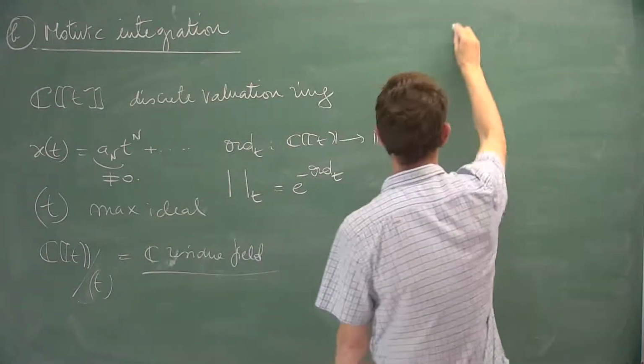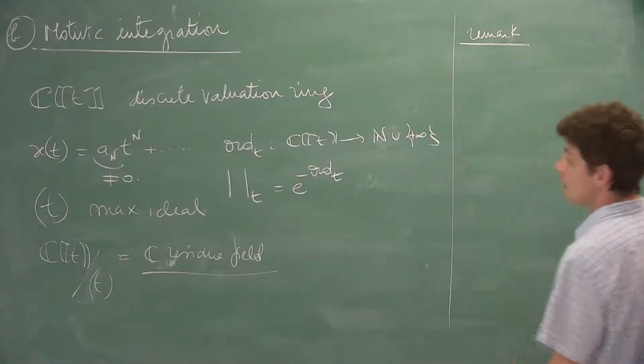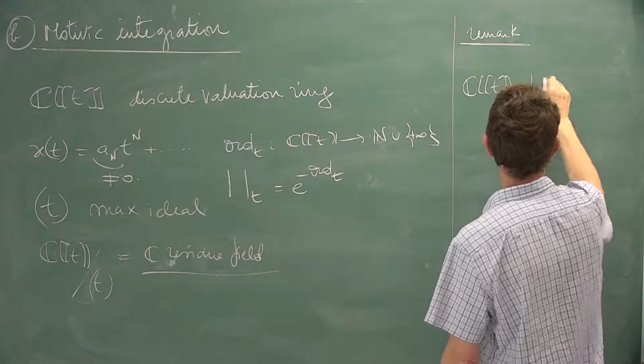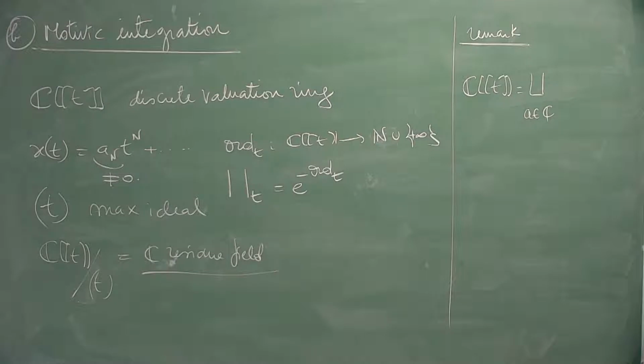So a remark: I can describe C[[T]] as a disjoint union over elements a of C of a plus T C[[T]]. I'm just doing a partition using, as before, the first digits of my formal series, but now as C is infinite, I have an infinite union.